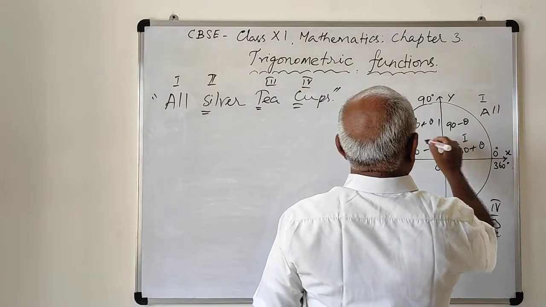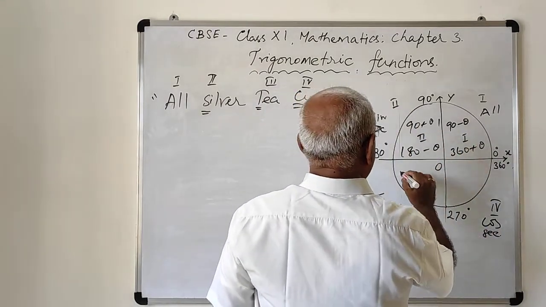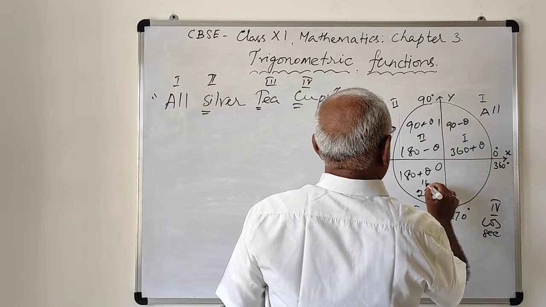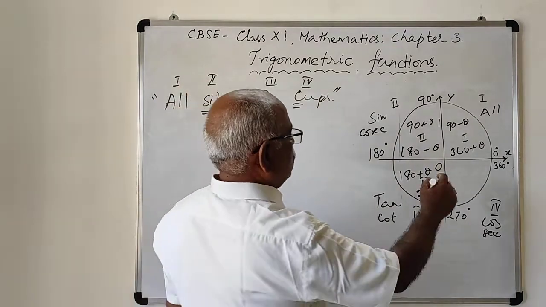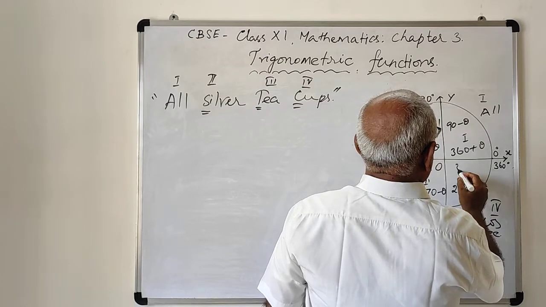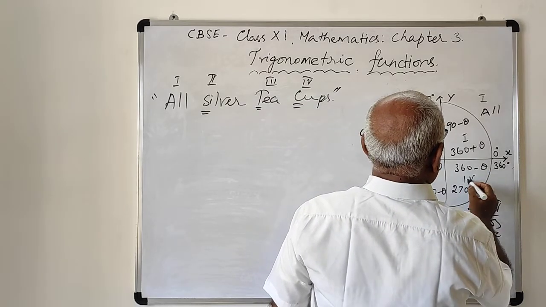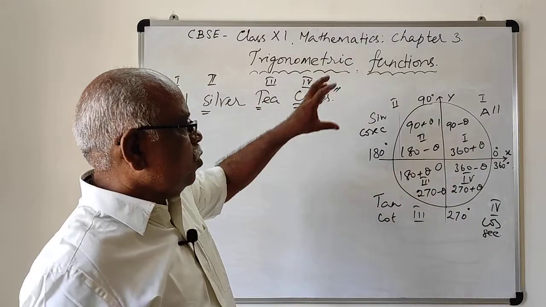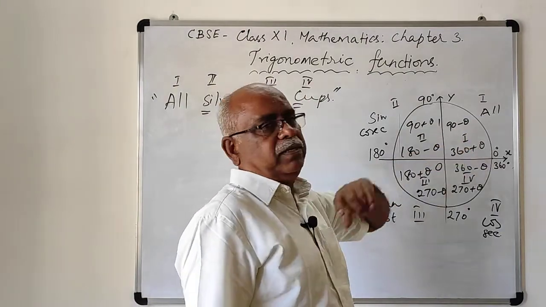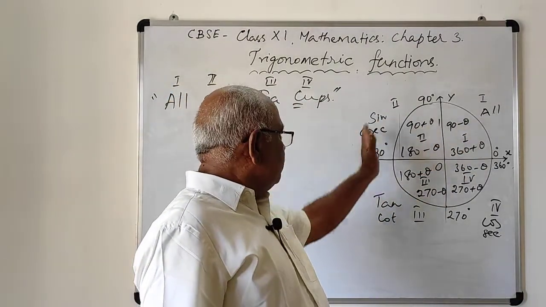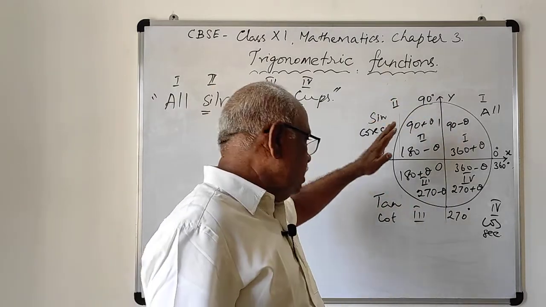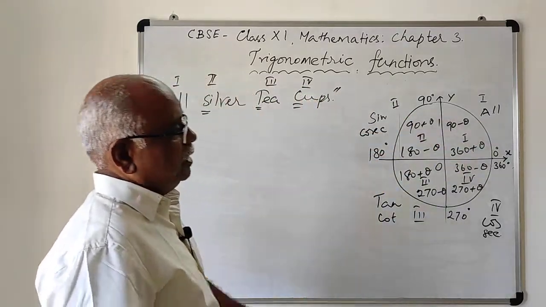In the third quadrant, 180 plus theta, 270 minus theta. These two angles are present in the third quadrant. In the fourth quadrant, 270 plus theta and 360 minus theta. These angles represent the fourth quadrant. So in each quadrant we can define two sets of angles: 90 minus theta and 360 plus theta in the first quadrant, 90 plus and 180 minus in the second, 180 plus and 270 minus in the third, 270 plus and 360 minus in the fourth quadrant.